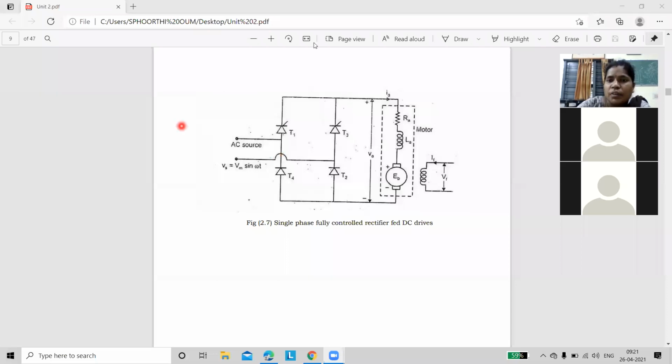Next we will go for the waveforms. First of all, tell me, is there any small mistake in the circuit diagram? Can anyone find the mistake? See the screen carefully. The freewheeling diode is not used, madam.